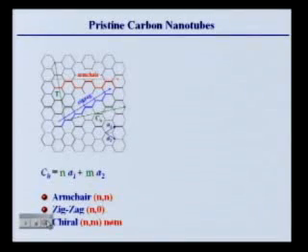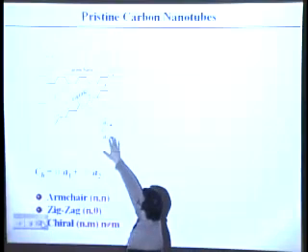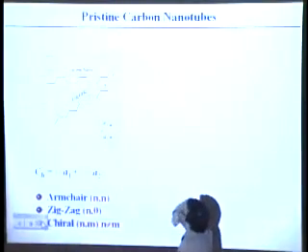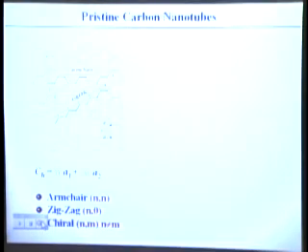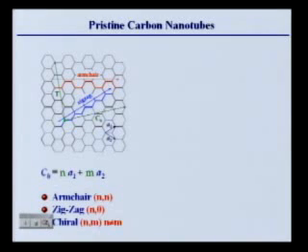If you take this hexagonal lattice, there is a discrete infinite number of ways of rolling things together, and the way the carbon nanotube community has agreed to use a nomenclature is by defining what is called a chiral vector, in this case the CH vector.